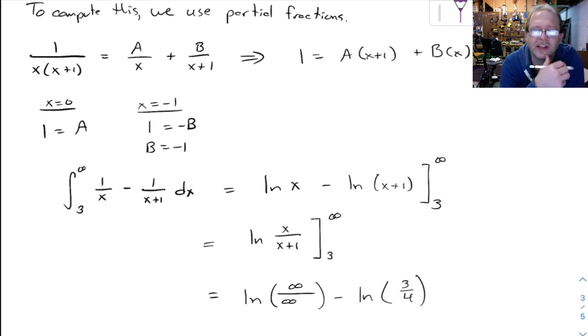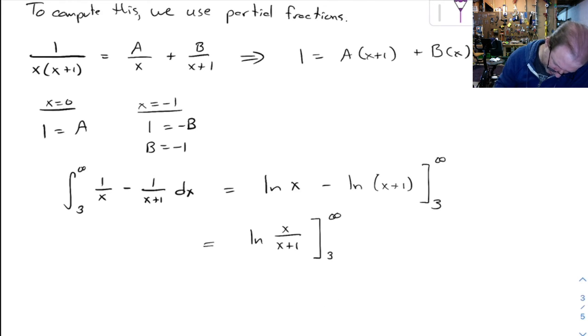You know what? I don't like doing this informally. Infinity over infinity, I want to call that 1, but it's not always 1. It is in this case, but I don't feel comfortable writing it out. That sets a poor example. So it's the limit as t goes to infinity of ln of t over t plus 1, then minus ln of 3 over 4.